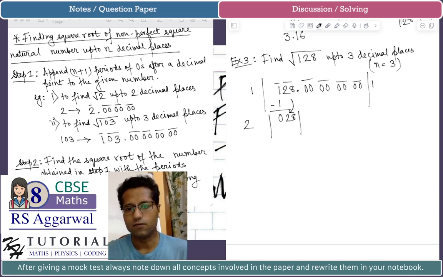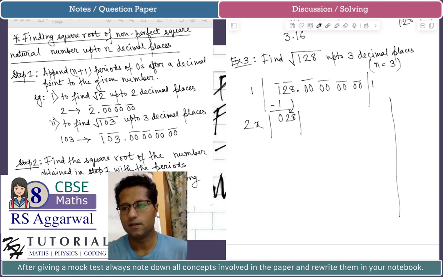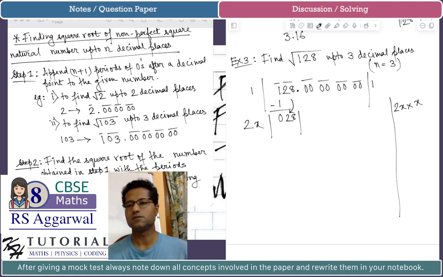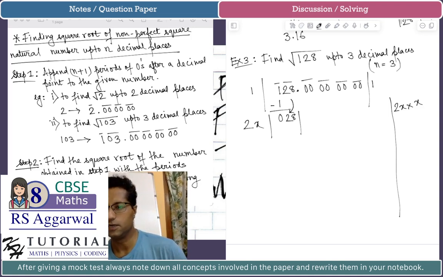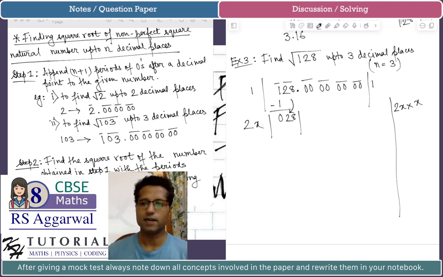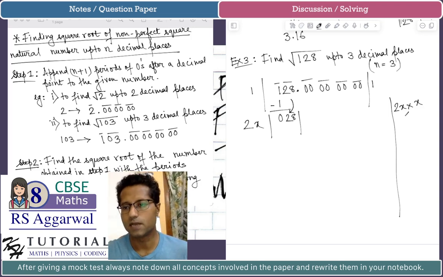Now I have to find x such that 2x multiplied by x is less than or equal to 28. Now 2x does not mean 2 multiplied by x. 2x means a 2-digit number, where the digit at the tens place is 2 and the digit at the units place is x. So that number multiplied by x has to be less than or equal to 28.